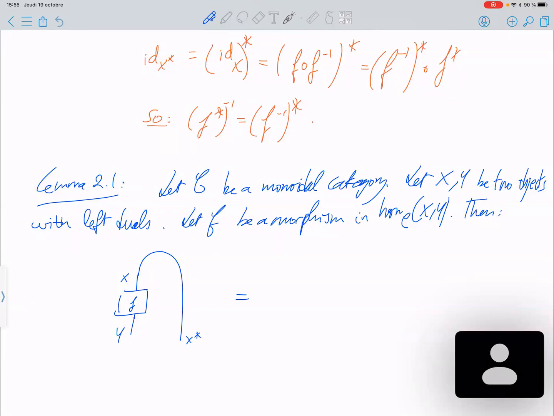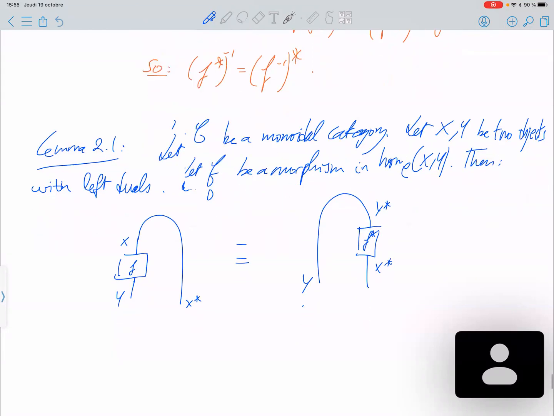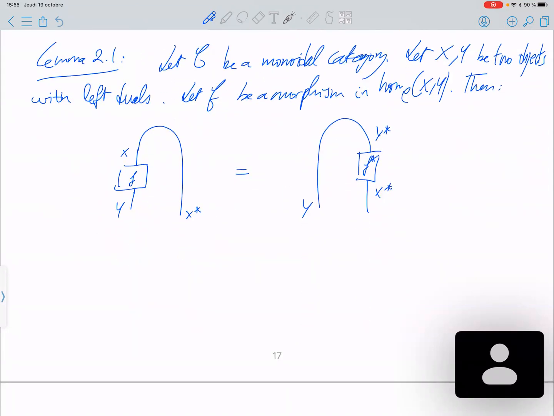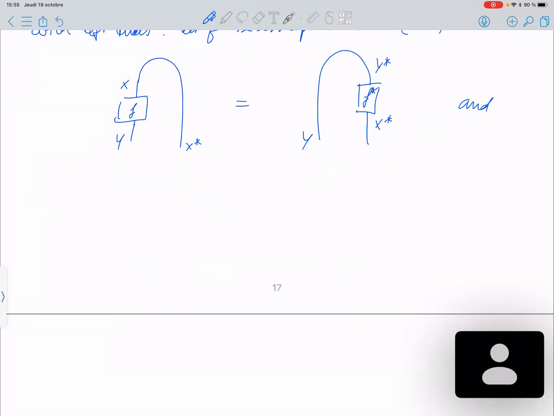This is the same as considering the dual of f with this co-evaluation on the other way, on the left. Like that. So this lemma states that these two pictures are the same. And also like that with evaluation.